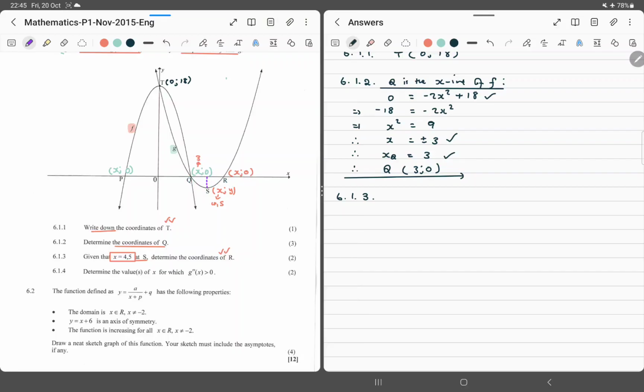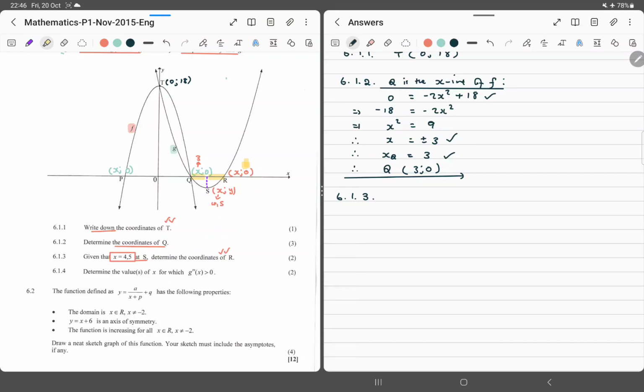So we've got a 3, we've got an x. So this means this distance here to R should be the same as that distance to Q, because that is the average. So the x-coordinate at S is the average between the x-coordinate at Q and R. And the corresponding y value, because it's an x-intercept, is going to be 0.